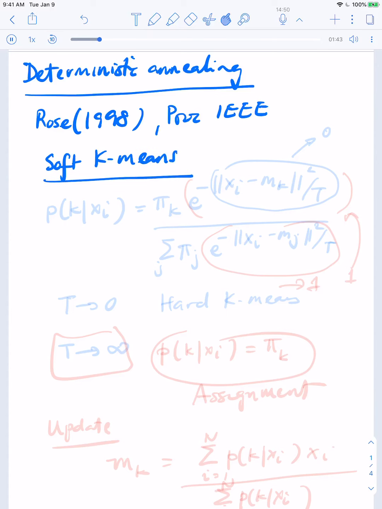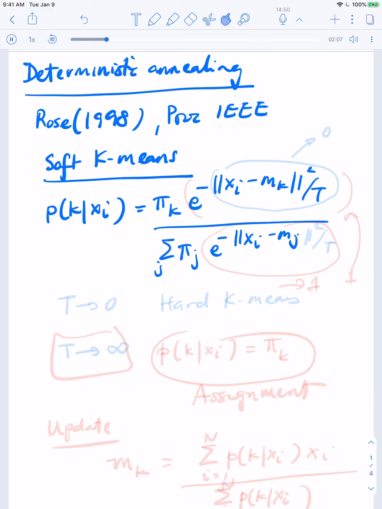What we have in soft k-means is that p(k | xi) is equal to pi_k e^(-||xi - mk||²/T) divided by all these other terms, the summation over j of pi_j e^(-||xi - mj||²/T). Now we've observed that soft k-means becomes hard k-means as the temperature T goes to 0, and we know that that has issues in terms of local minima.